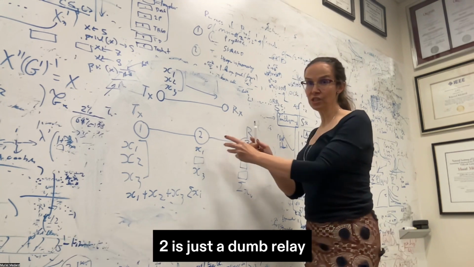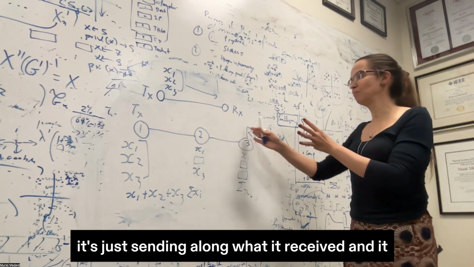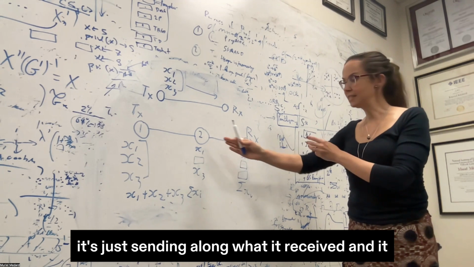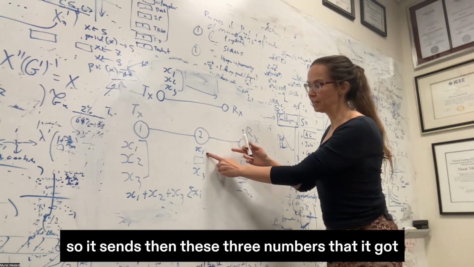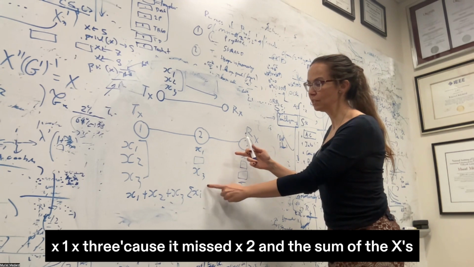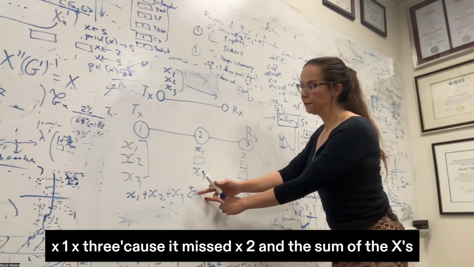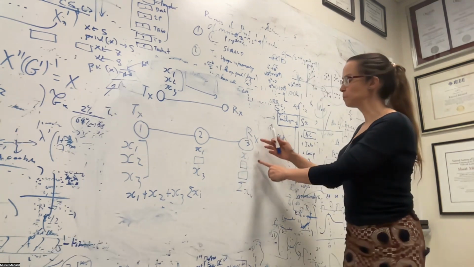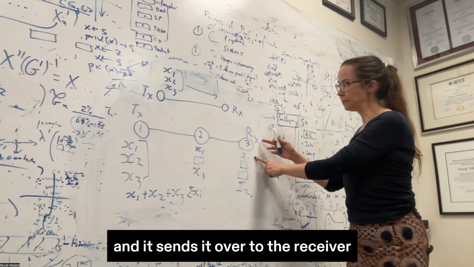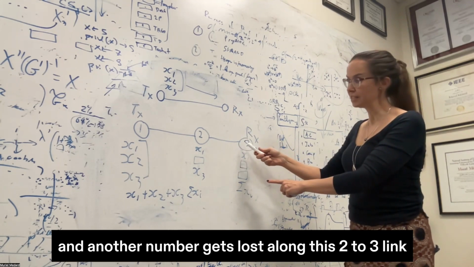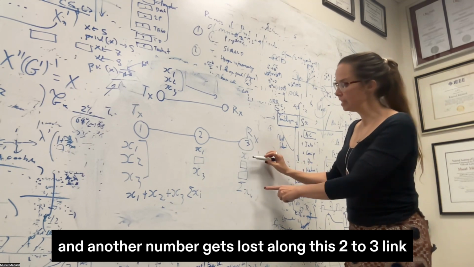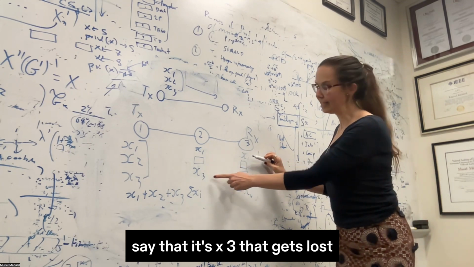Node 2 is just a dumb relay, just sending along what it received. So it sends the numbers that it got, x1, x3, because it missed x2, and the sum of the x's. And it sends it over to the receiver, and another number gets lost along this 2 to 3 link, say that it's x3 that gets lost.